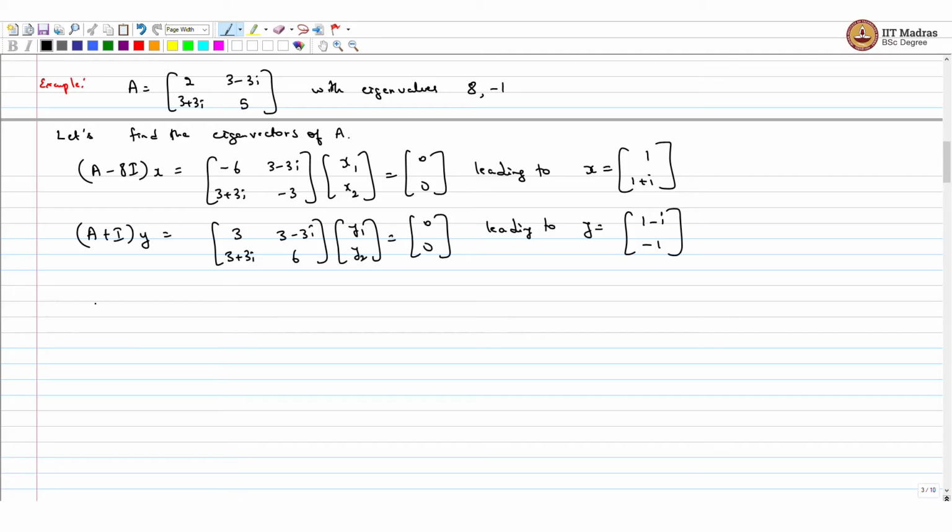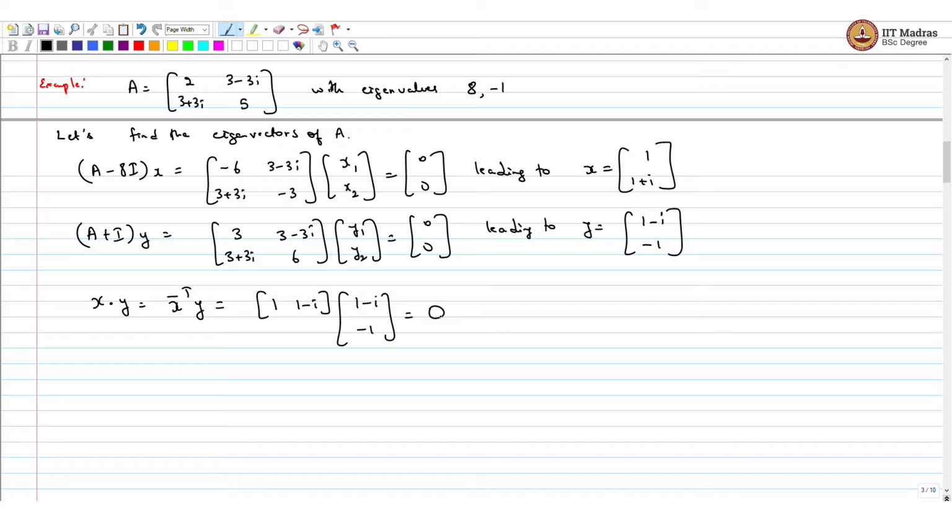Now, if you look at x dot y, which is x bar transpose y, this is 1 comma x bar, which is 1 comma 1 minus i, and then you transpose it and take its dot product with this, and this is clearly 0.